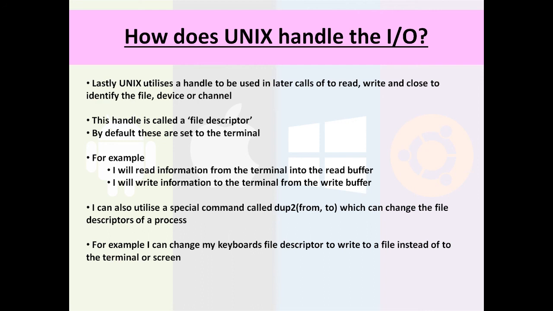So by default, when I press L or P on the keyboard, it's writing to the screen. But I can manipulate the file descriptor using this DUP2 command so that now it automatically writes to a specific file. That's quite cool and interesting. But that is essentially how Unix handles process management, as well as how Unix handles input and output.